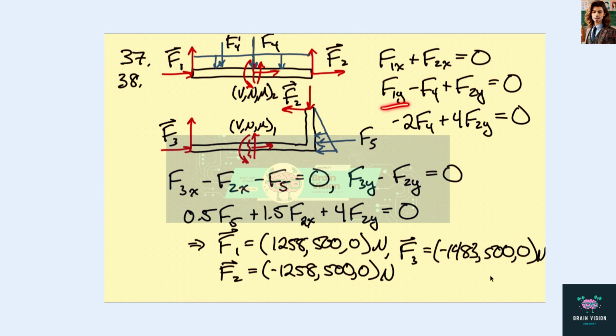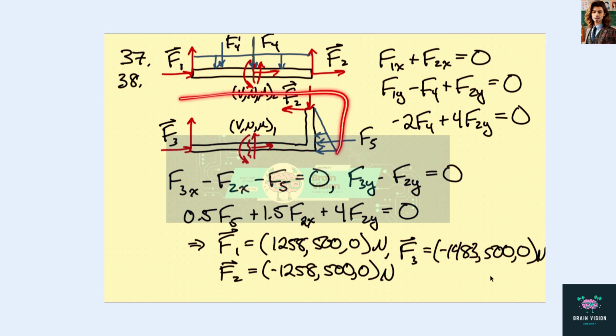We have F1y minus F4 plus F2y equals 0, where this is the equivalent point load from this distributed load. Moments, we have minus 2F4, because this distance here is 2 meters, plus 4 F2y, because this distance is 4 meters, equals 0.